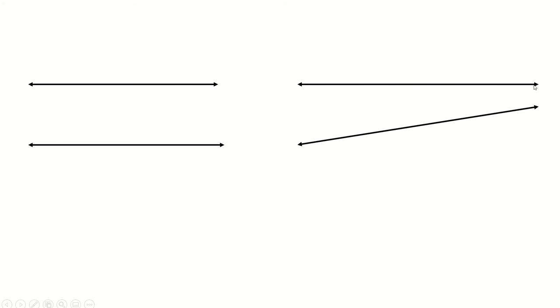But if you extend them, you will notice that somehow they will have a common point. So these lines are not parallel. Whether the lines are parallel or not, they are intersecting somehow when you extend them. That would be possible.